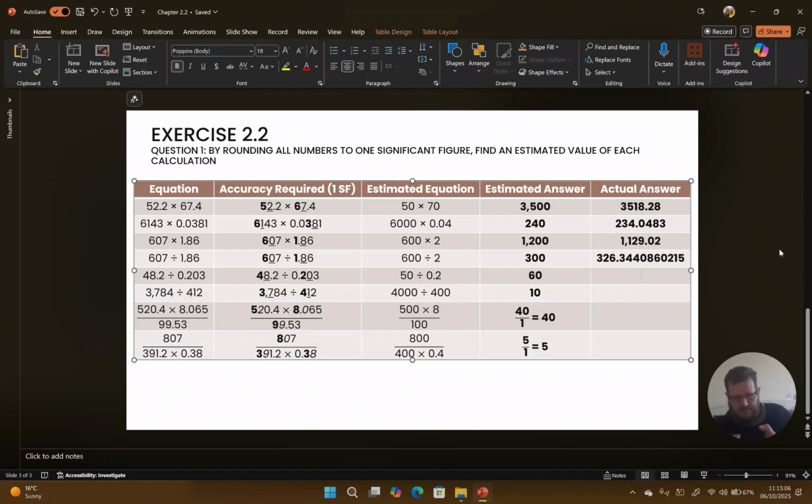The next one is 48.2 divided by 0.203. That's interesting. Wait.